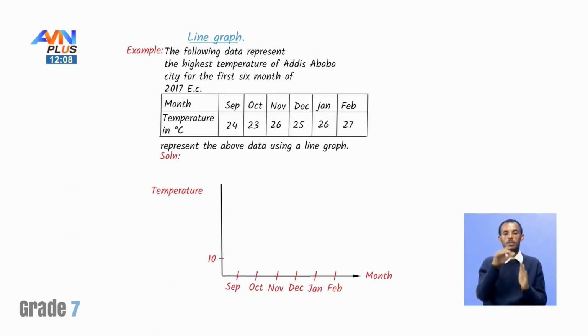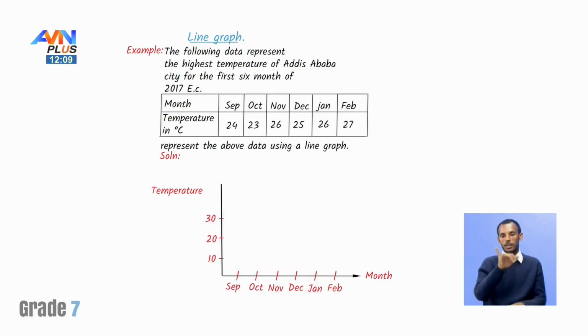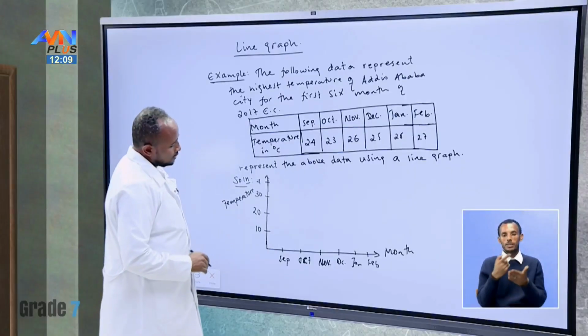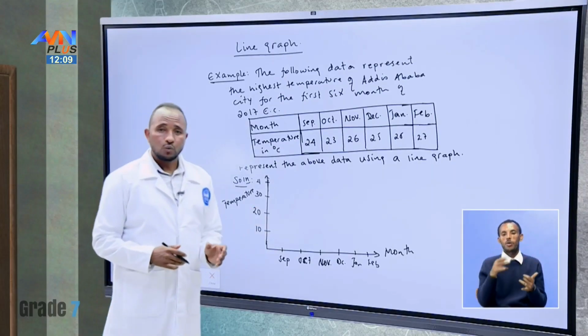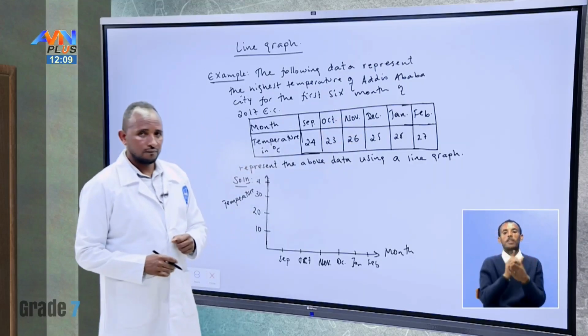So you move an equal distance, so this one is 10, this will be 20, and you move the same distance, so this part becomes 30, again 40. So this is a scale. Now, using this scale, we can represent this data set on a line graph.